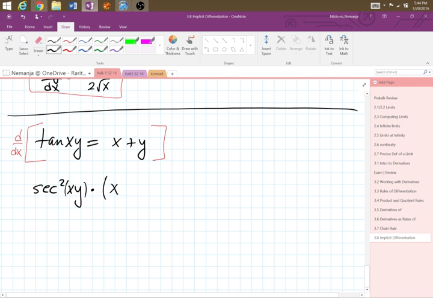Copy the first, derivative of the second, plus copy the second times derivative of the first. Awesome. So now it's done. So finally we're done with the derivative of the tangent piece. Equal to derivative of x is? Plus derivative of y is? dy/dx. We good?